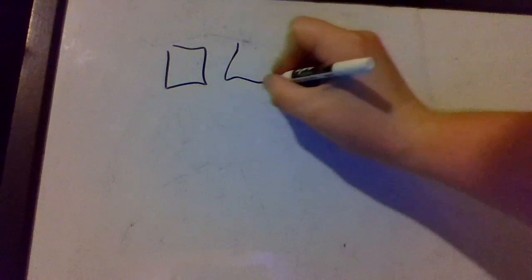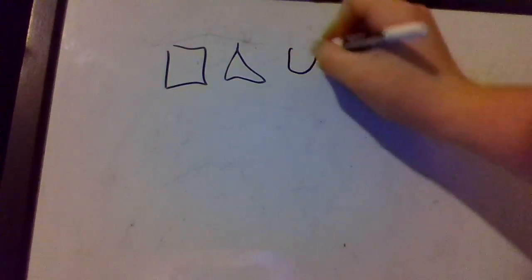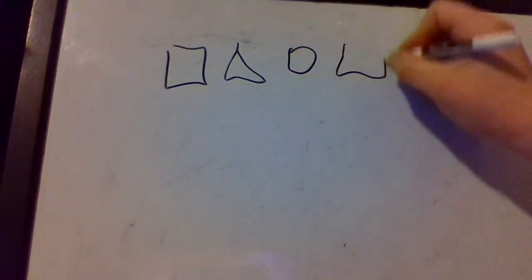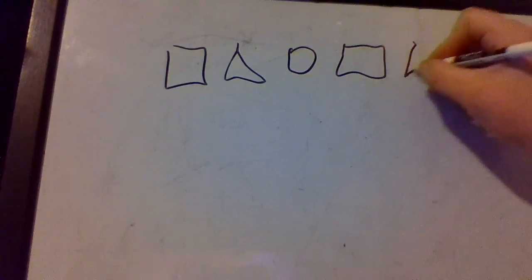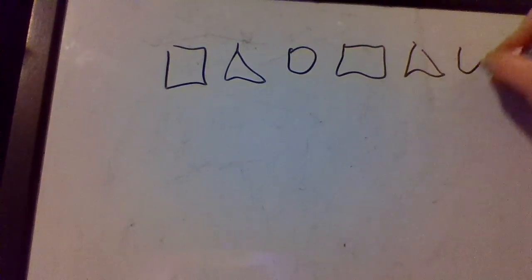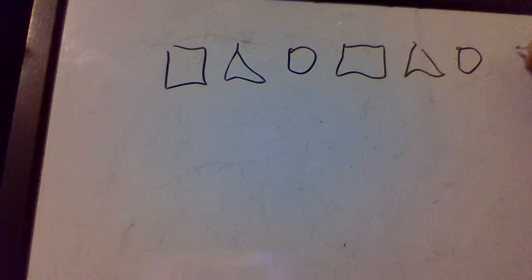Alright, so sequences come in many shapes and forms. You might remember, when you were younger, doing a sequence like this: square, triangle, circle, square, triangle, circle, square, and what would come next?